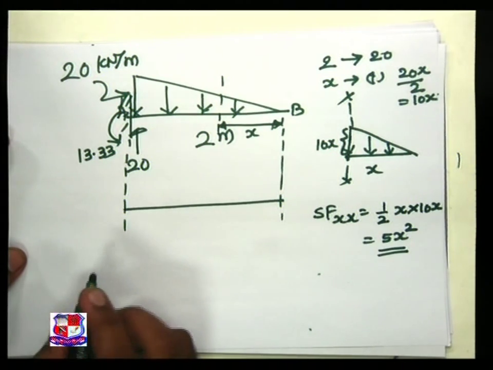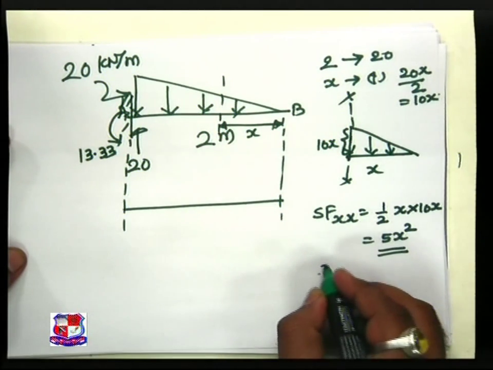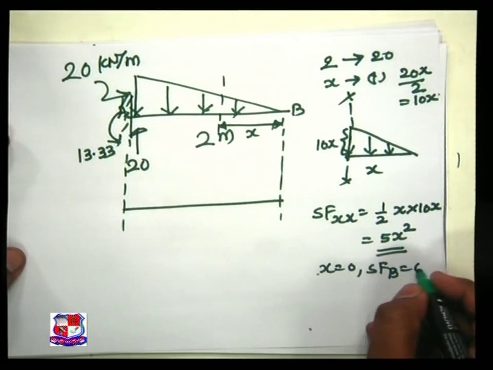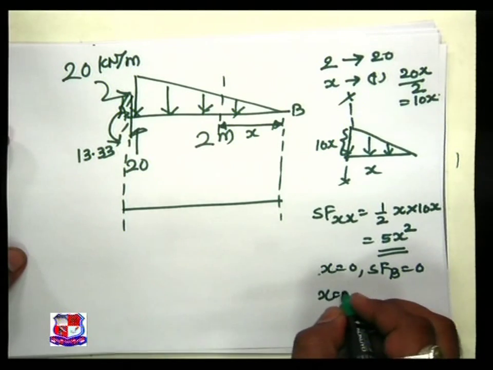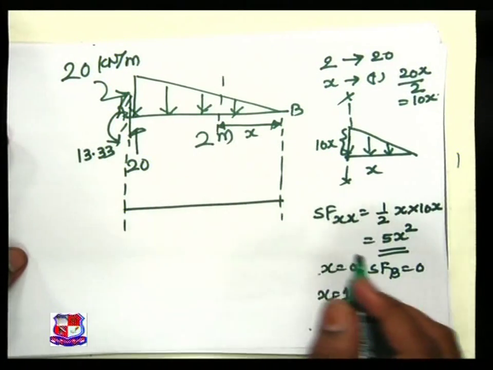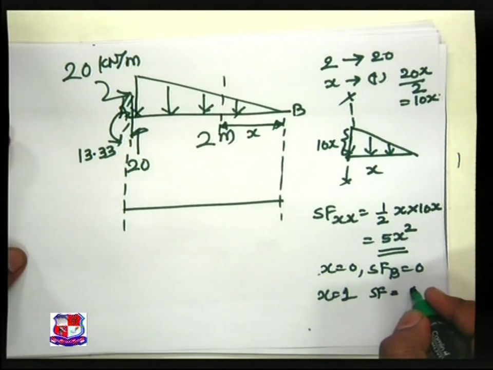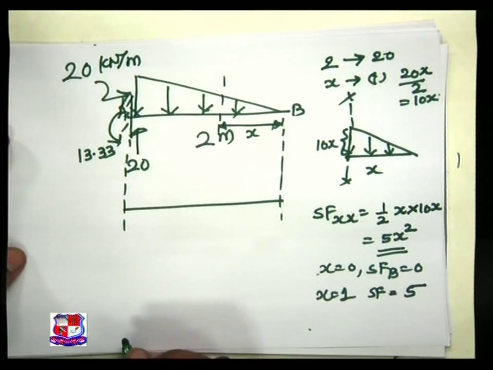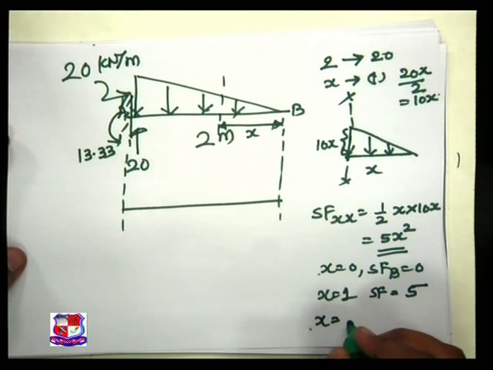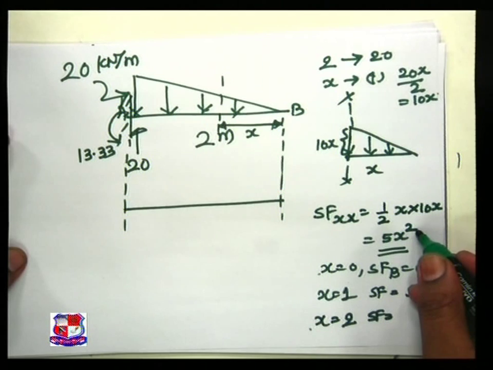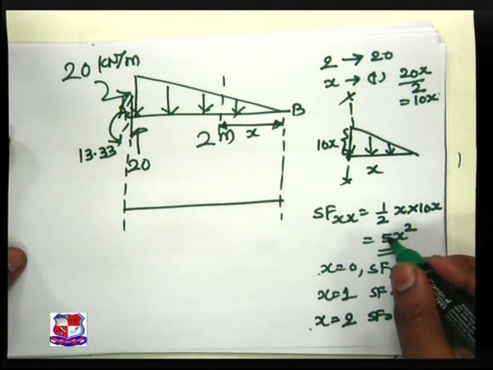So if we take x is equal to 0, we got shear force at B is 0, and if we take x is equal to 1, that is at the center, we found shear force at center is 5 into 1 square, that is 5, and if we take x is equal to 2, shear force is 5 into 2 square, 4 into 5, 20.